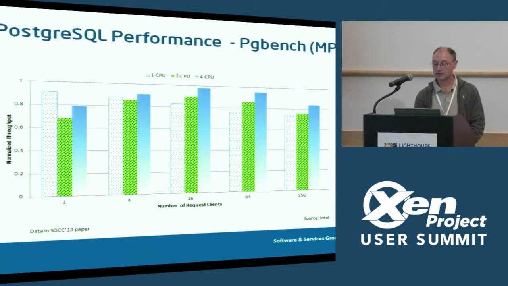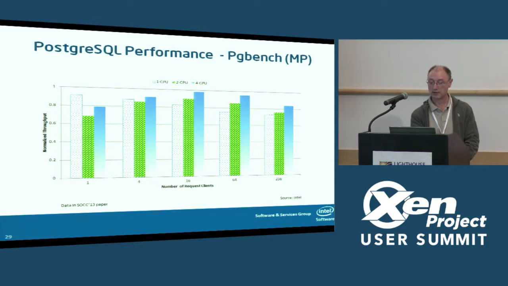And then with the CPU scaling, we've got 1, 2, and 4 processors. And here, each one of those sets is pretty close to each other. The first one is kind of the strangest, but they're pretty close.